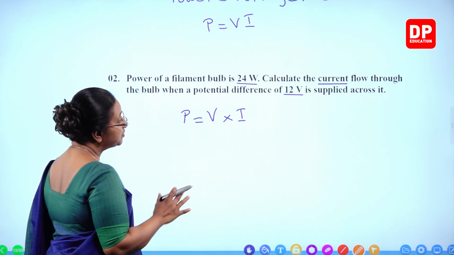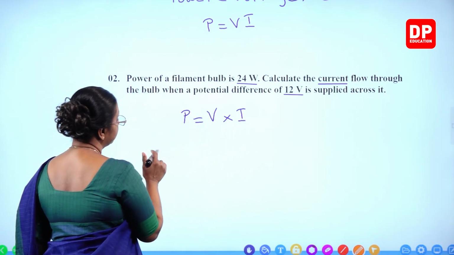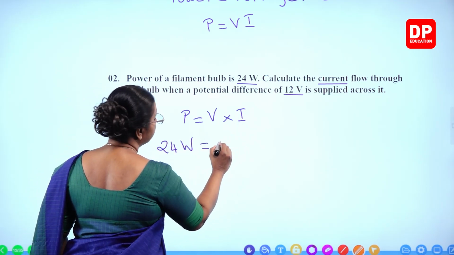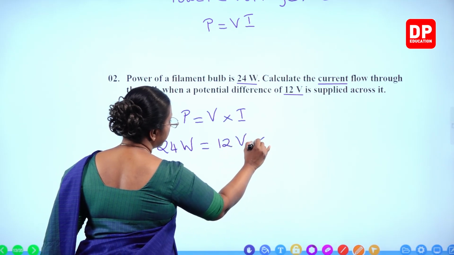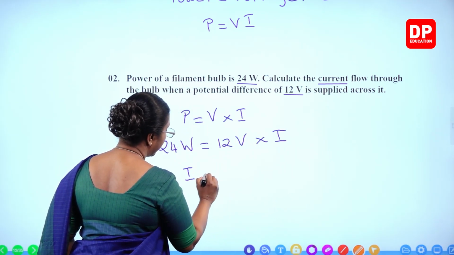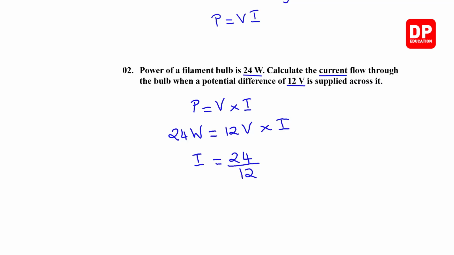Again, you can substitute and rearrange or rearrange and substitute. Here, I'll substitute first. 24 watts power, voltage is given as 12 volts and current is I. So, if you rearrange, I is equal to 24 divided by 12. That is equal to 2 amperes. The unit will be in amperes.